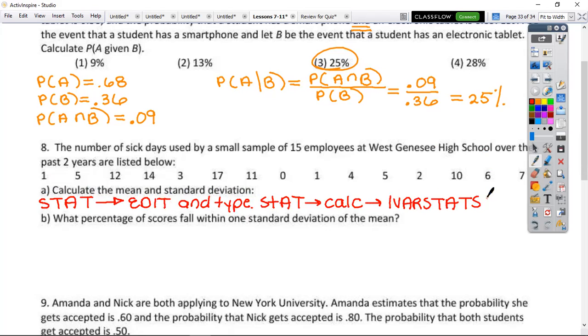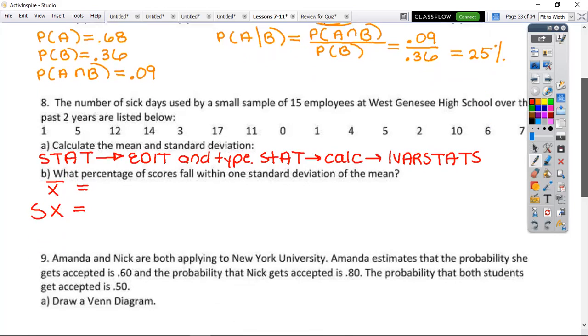I'll do it right down here. My mean is X bar and standard deviation. Once you type those, they are going to be right off your screen.